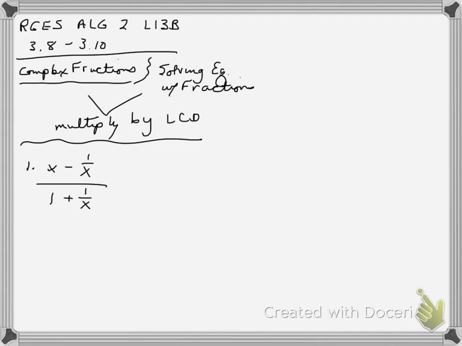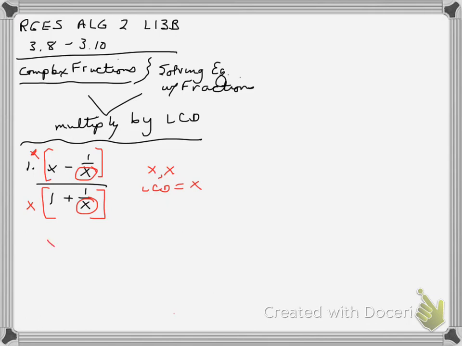For my first example, I have a complex fraction. I have an x here, and my denominator here is an x, so my least common denominator will be x. So I'm going to take each of these and distribute a multiplier of x, first in the numerator of the complex fraction, and then in the denominator of the complex fraction.